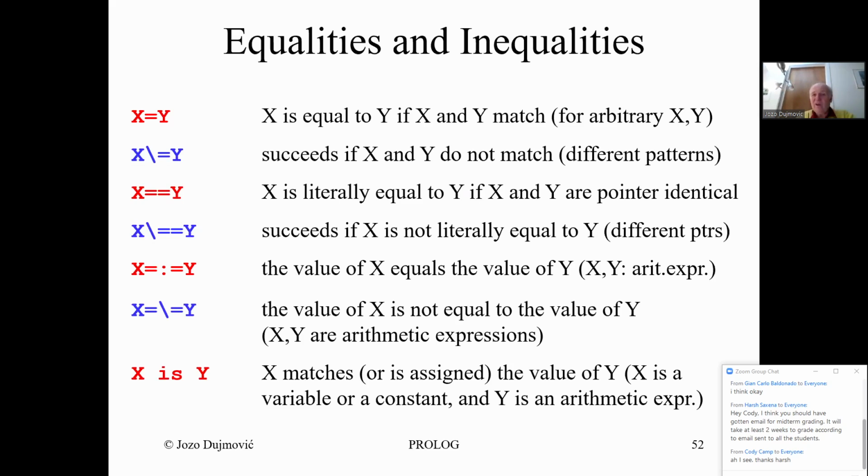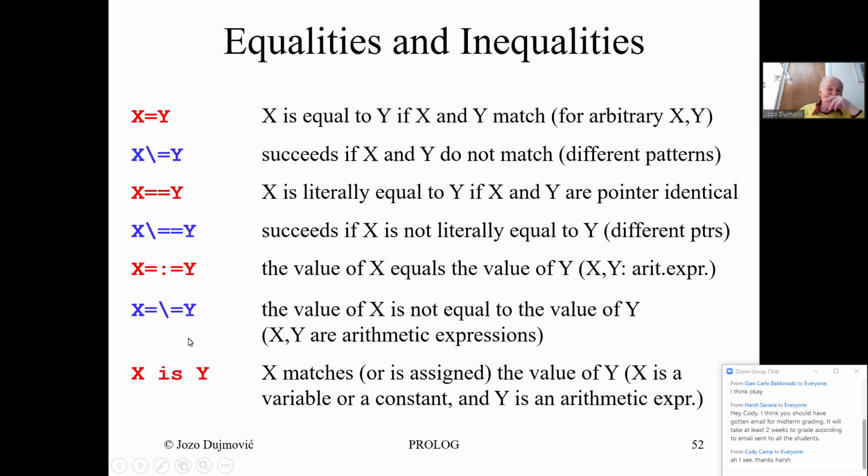If they are in different locations, it is not going to work. Then arithmetic equality and inequality, and assignment. So pattern matching equality, inequality, literal equality, inequality, and arithmetic equality and inequality are 6 of them. And then assignment is number 7.